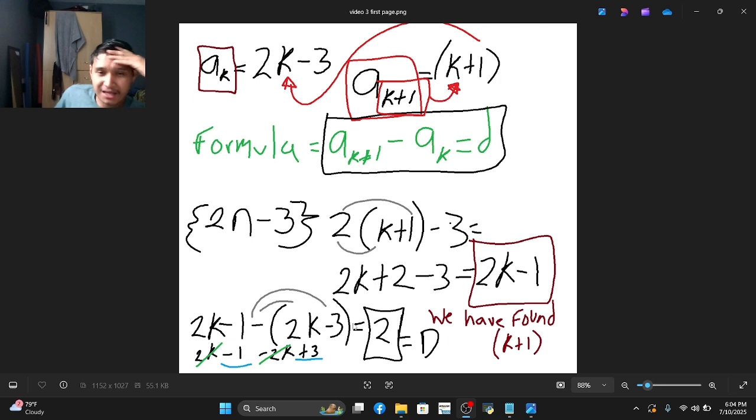Now that we have found that a_k is 2k minus 3, we put that in parentheses because we want to find the d. And we do 2k minus 1 because we just found a_(k+1), so we just replace it in the other one. And now we get the d, or differentiator.